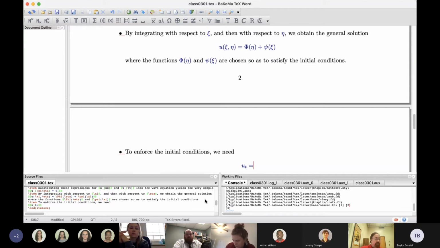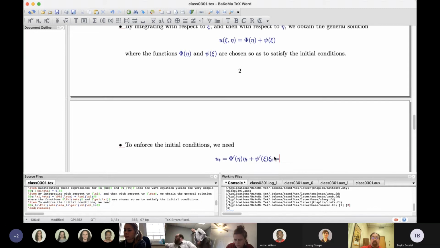So what I need is phi prime of eta, and then the derivative of eta with respect to t, plus psi prime of xc, the derivative of xc with respect to t.